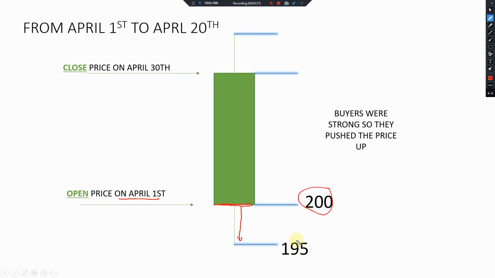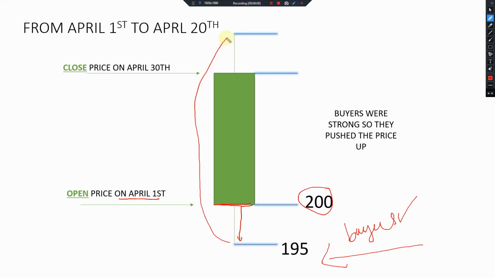But when it became 195, so many buyers came in, which made the price go from 195 to a peak of 215. So during the whole month of April, the price went from 200 to 195.